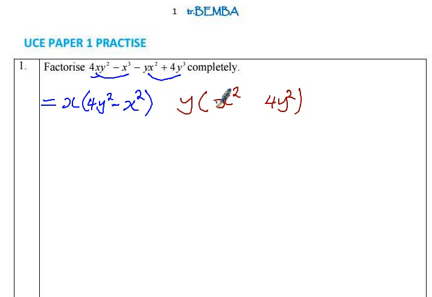So I need this to be minus x squared, and I need this to be positive 4y squared. Now what should this y be? Since I have minus x squared, then this y should be a positive y, so that when I multiply it by this, I get minus y x squared, and when I multiply it by this, I get positive 4y cubed. Have we seen that trick there?